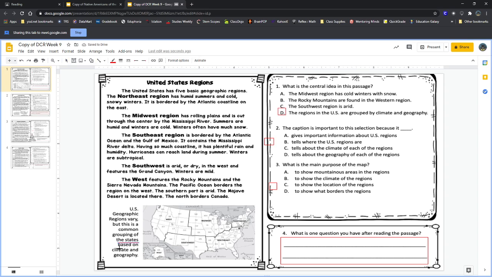Climate and geography. So they're telling us the way that they put them into groups is not by names. It's not alphabetical order. But they mention climate, which is like the weather. If it's hot or if it's cold or if it's rainy or if there's lots of snow. And geography. Do you see mountains there?